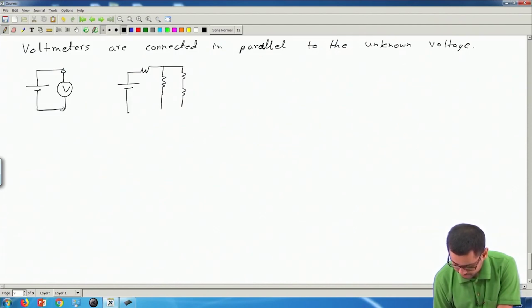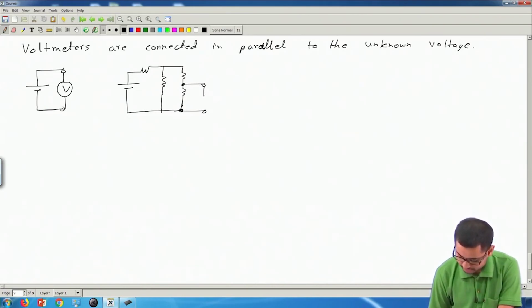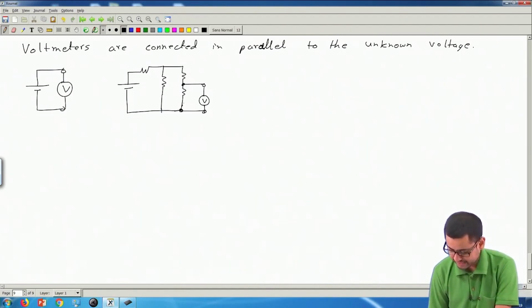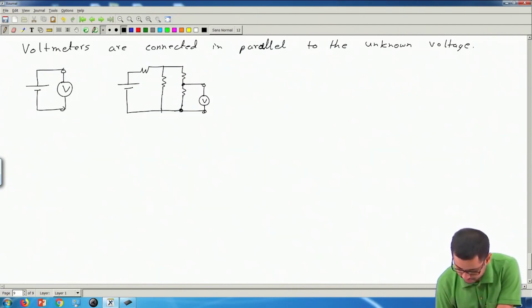and say I want to measure the voltage across this resistance, between these two terminals, then I have to connect the voltmeter V in parallel to this resistance. So this is always connected in parallel.